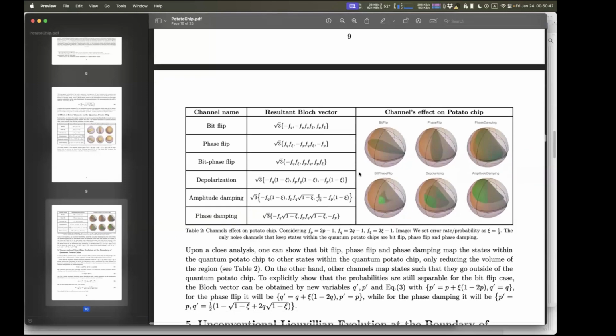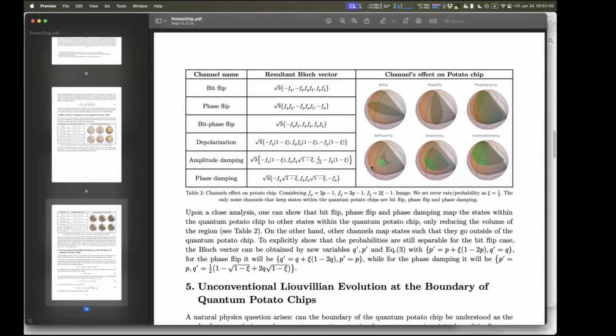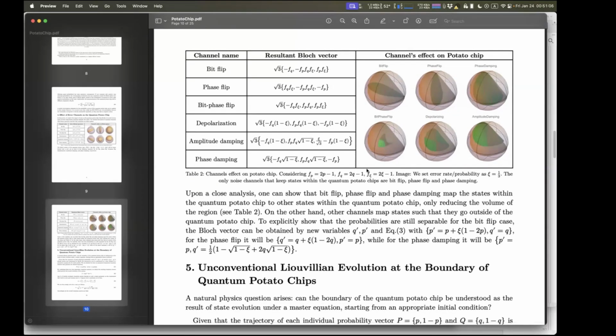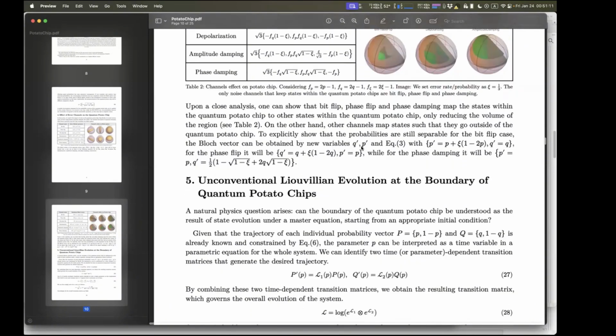And basically you can see that some channels just morph the chip so that it still lies in the same space, so every point still corresponds to those independent variables. But some channels move that space away from it. So some points become no longer independent. It correlates those in this way.